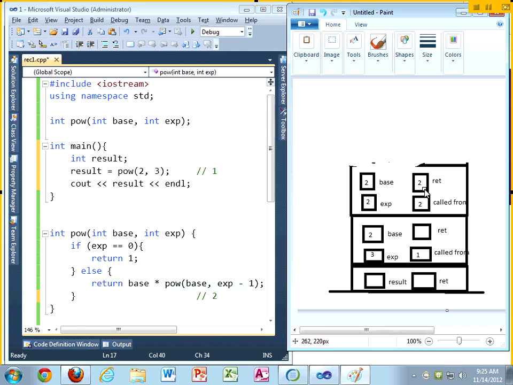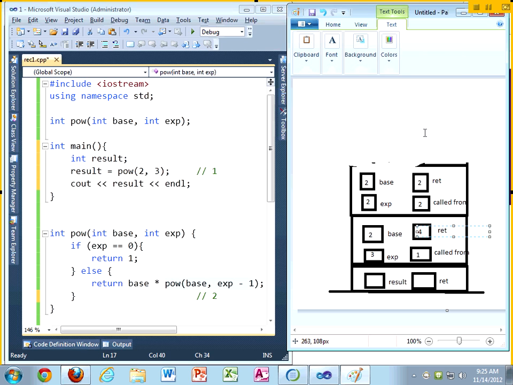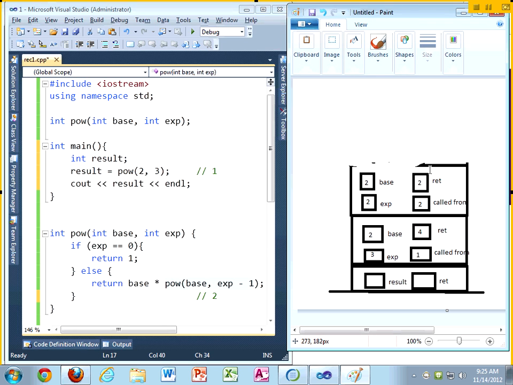Okay? So now I'm ready to go back and continue execution of this function call. I see that I was called from place 2. So that's down here. What I'm doing is returning base times the return value. So I'm returning 2 times 2, which is 4. So the 4 is going to go down here.